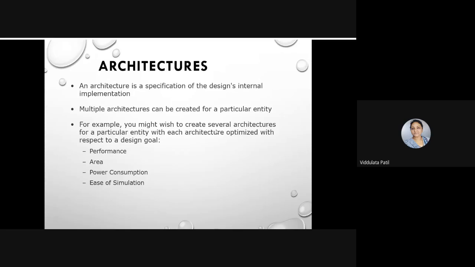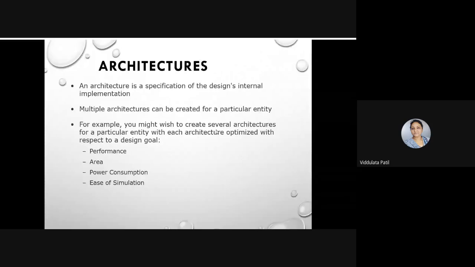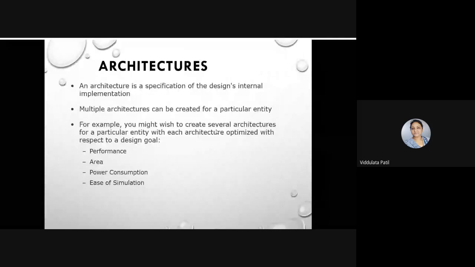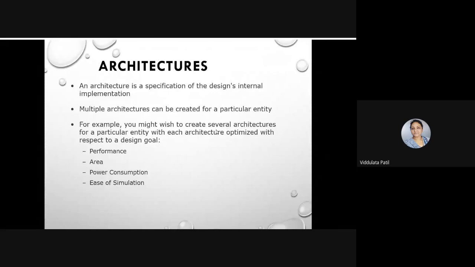Then the area occupied by the circuitry should be less. Power consumption may be another goal, that it should consume less power, or that simulation should be easy. So depending on that we can have a different architecture for that particular entity.